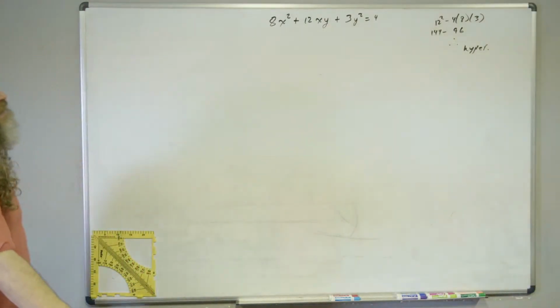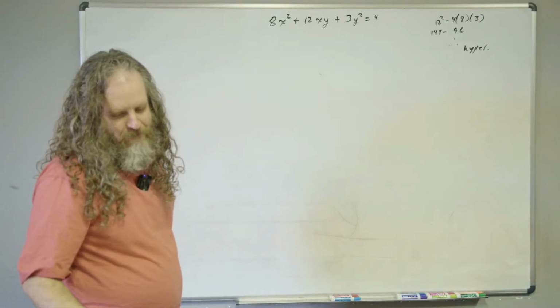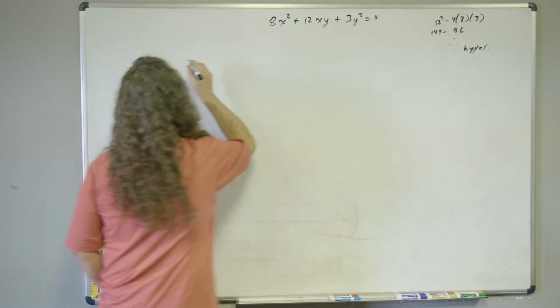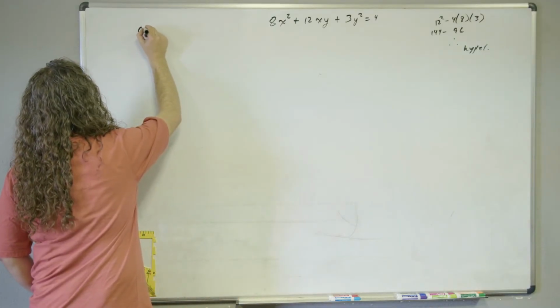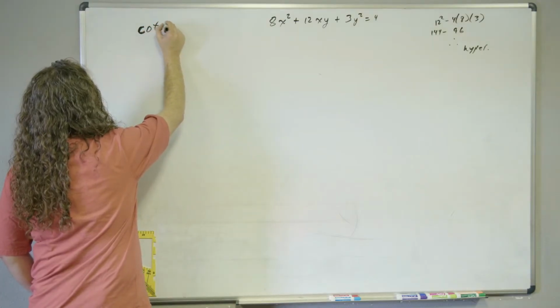So we need to be able to graph it using tools that we have, and by tools that we have, I don't mean your graphing calculator. How do we figure that out? We've got to use what I just gave you: cotangent. We've got to figure out what angle we need first. That's what this is for.